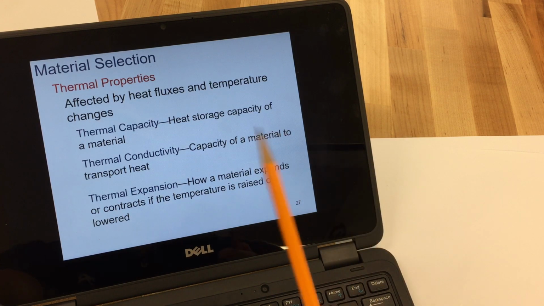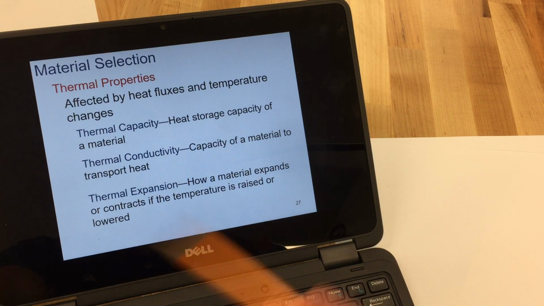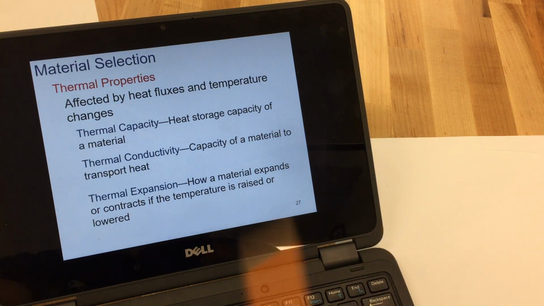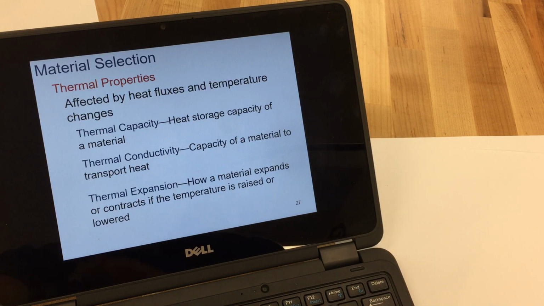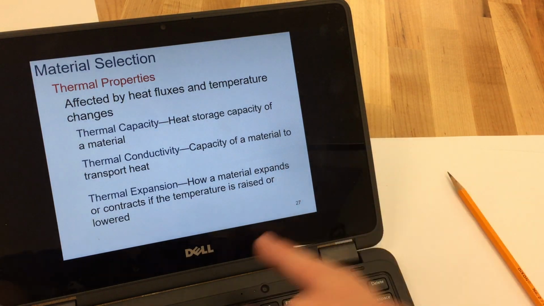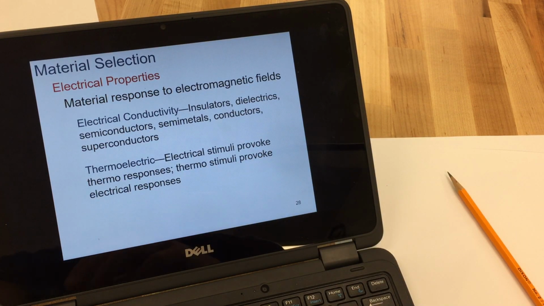So how much heat storage can it have? Thermal conductivity is its ability to transport heat. And thermal expansion is how much a material expands or contracts if the temperature is raised or lowered. For certain things, like inside a car, you don't want too much thermal expansion because then you might end up seizing the motor. And that's what our motor oils and stuff like that do to help keep the temperature down, and coolant, things like that.